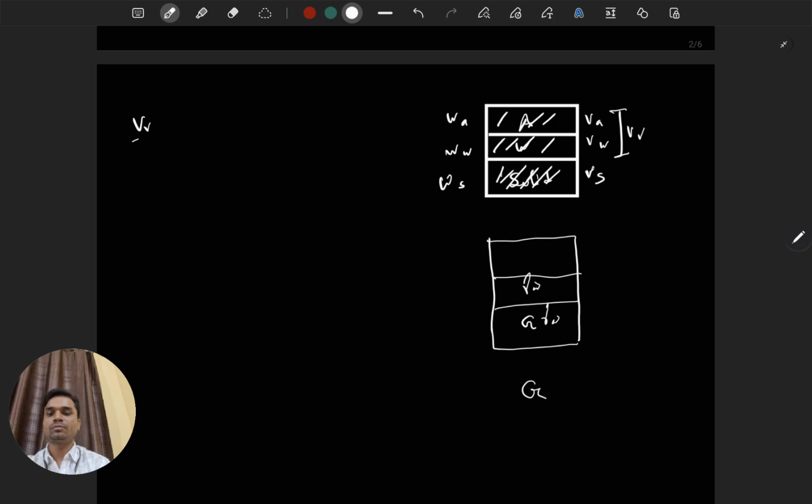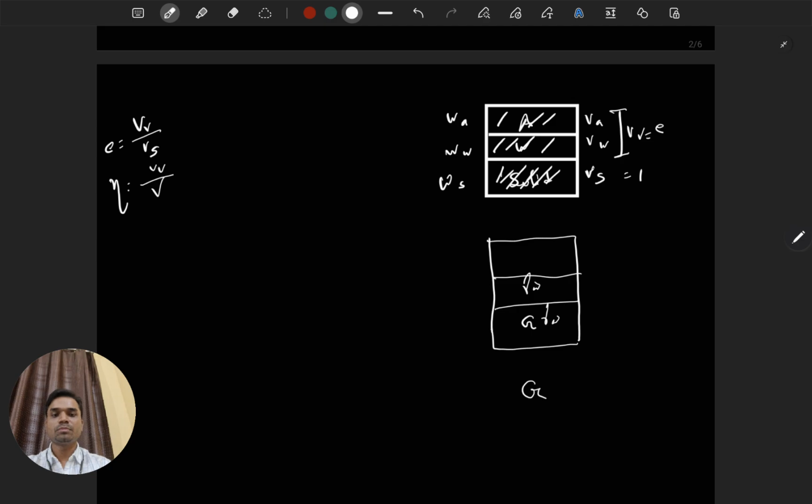Volume of void by volume of solid is equal to the void ratio, and porosity is equal to volume of void by total volume. The most important thing to remember in this figure, for easier calculation, is to consider that volume of void is equal to e and volume of solid is equal to 1.